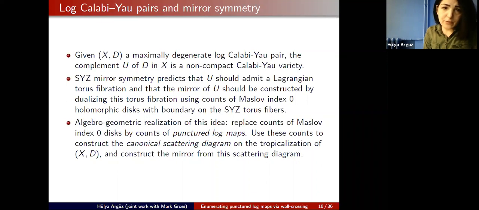And what Gross-Siebert do is an algebro-geometric realization of this idea. So rather than looking at Maslov index 0 disks, they look at punctured log maps. Using these punctured log maps, they construct a canonical scattering diagram. And using this canonical scattering diagram, they construct a homogeneous coordinate ring of the mirror to the Calabi-Yau variety, which we will see.